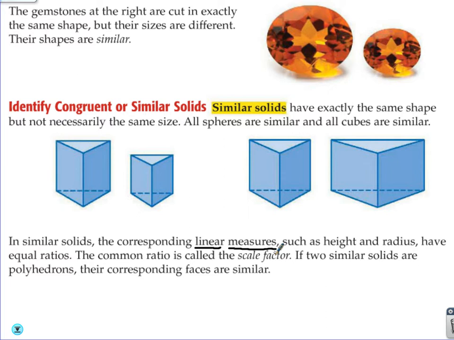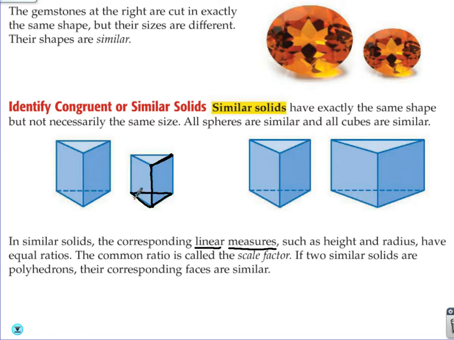If I measure the distance from here to here, can I use a tape measure or a ruler to do that? Yes. I could take a tape measure, measure the distance here to here. Could I use a tape measure to measure the distance from here to here? Or a ruler? Yes. What about, if it was bendable, could I bend a tape measure and find the perimeter of the bottom of that?